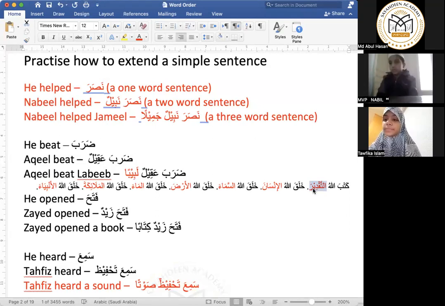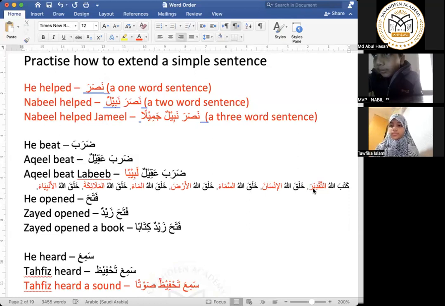As a maf'ul or as a fa'il? As a maf'ul, because the rule is we give dhamma to a singular fa'il and fatha to a singular maf'ul. Can you repeat this rule? We give dhamma to a singular fa'il and fatha to a singular maf'ul. No, I think you are mixed up.